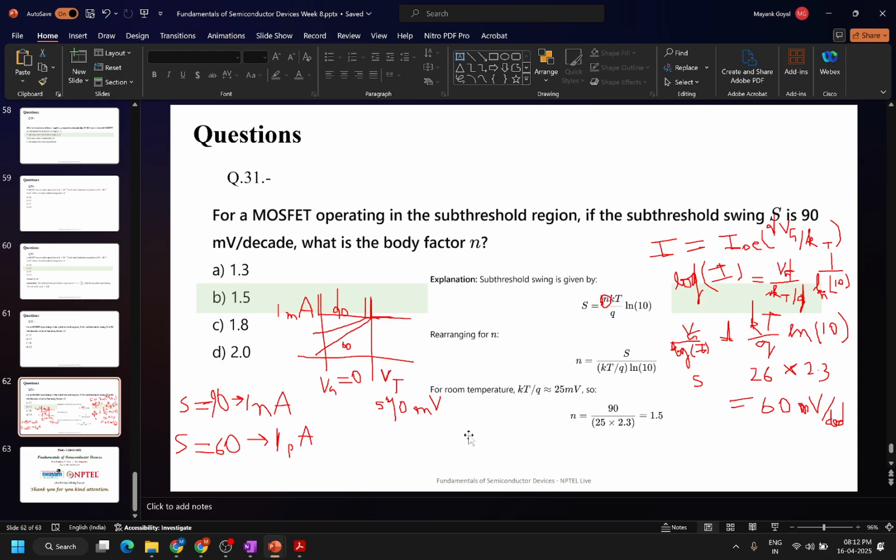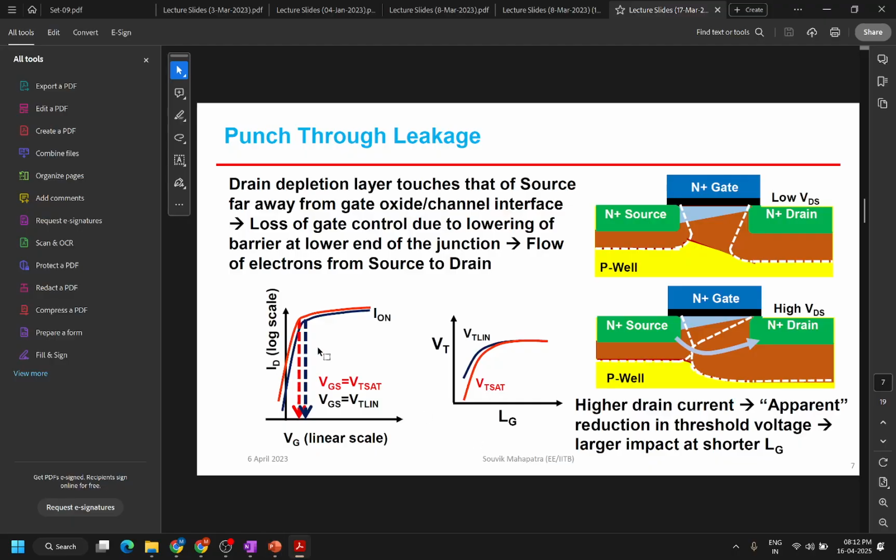If my VT shifts left by 60 millivolts, you would think it's not a huge value, right? VT is generally around 0.9 volts, 1 volt. What is 60 millivolts compared to 1 volt? Nothing. But that causes my leakage current to increase by 10 times.